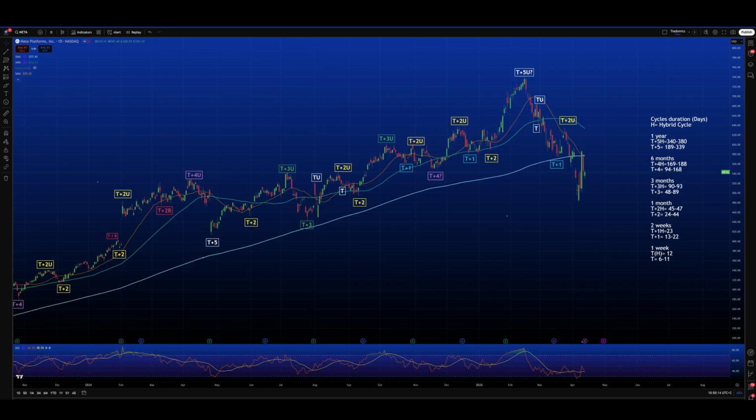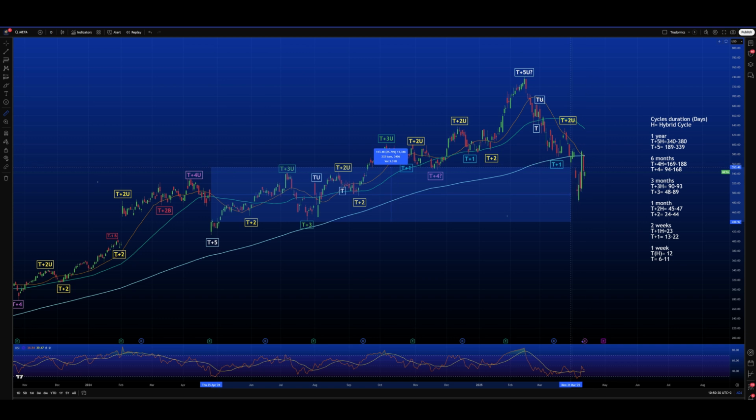On Meta, I reviewed the segmentation a little bit, and from this low here, we can start our new T plus 5 yearly cycle. Considering that this is the point in which the yearly downward cycle started, if we gauge the duration until the low done here on the 7th of April, we have 236 bars.